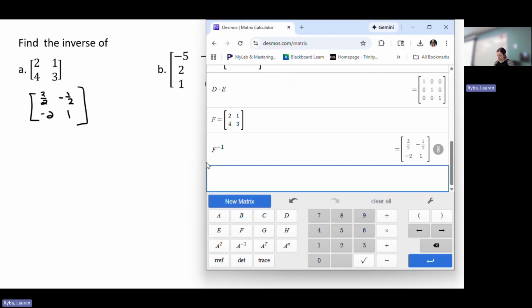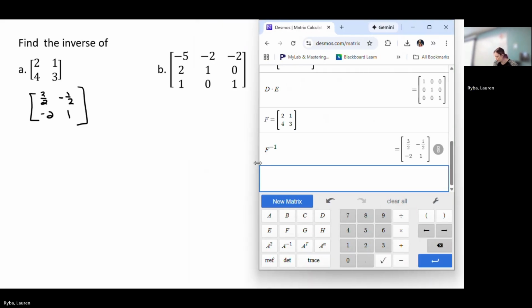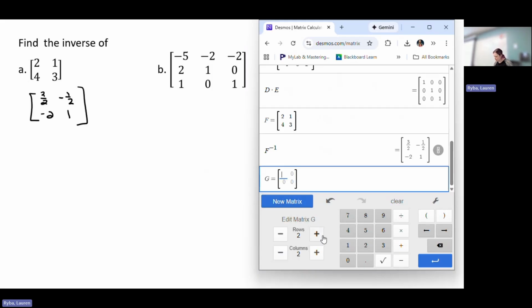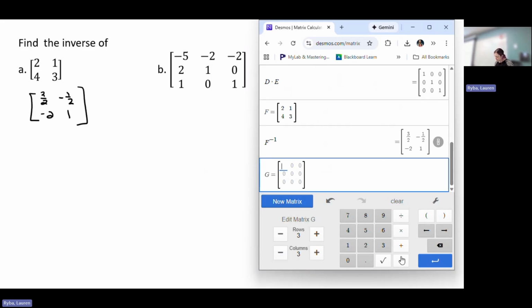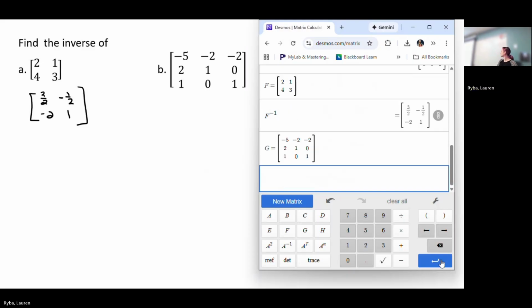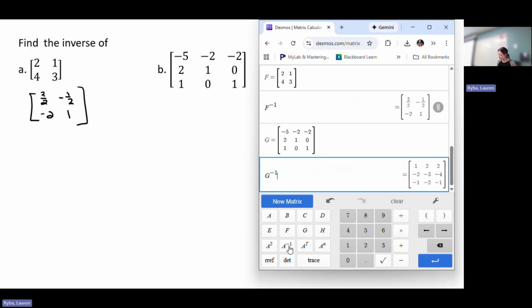Let's do our next one. Here is a 3 by 3. -2, -2, 2, 1, 0. No. 1, 0, 1. Okay, I'm on matrix G now, so I'm going to do G inverse.